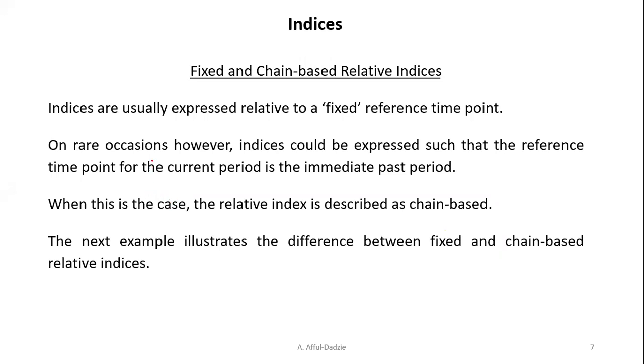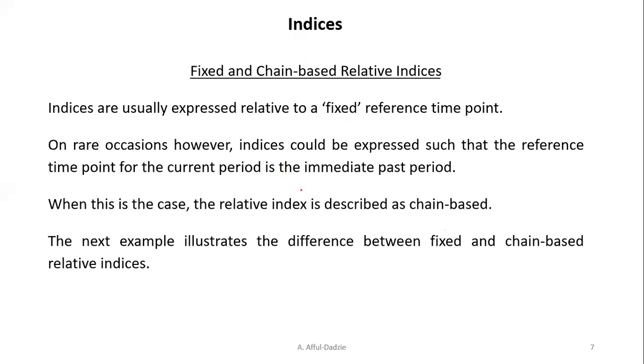Indices are usually expressed relative to a fixed reference point, so we always have a base period against which we make our comparison. But in certain very rare instances, the base period for the current period is the immediate past period. The period that immediately precedes the current period becomes the base period. In such rare instances, we say the relative index is chain-based.